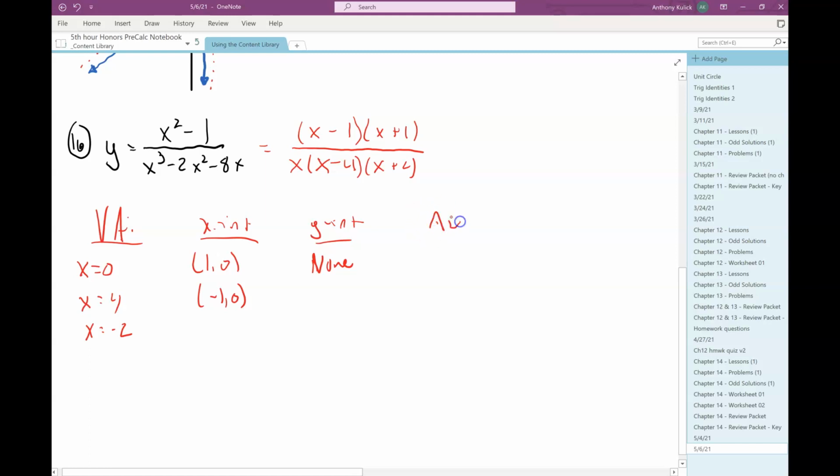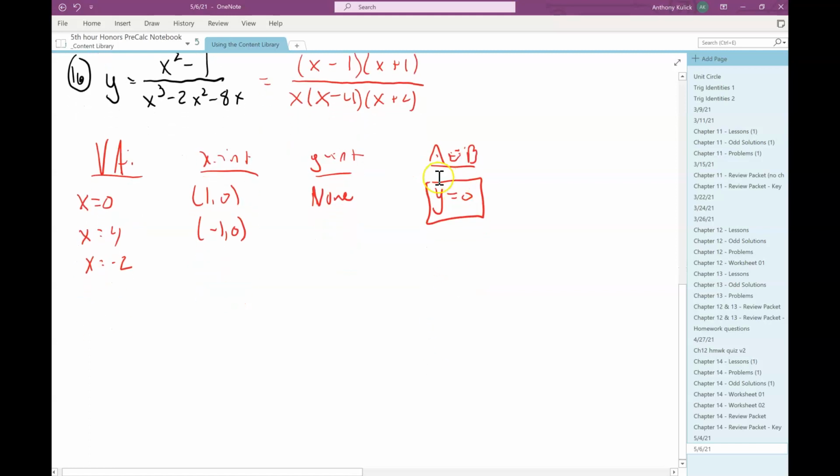And then if I look at my asymptote end behavior, the degree of the numerator is 2. The degree of the denominator is 3. Since 2 is less than 3, I know that we have the horizontal asymptote y equals 0. And that's all of my little key features there.